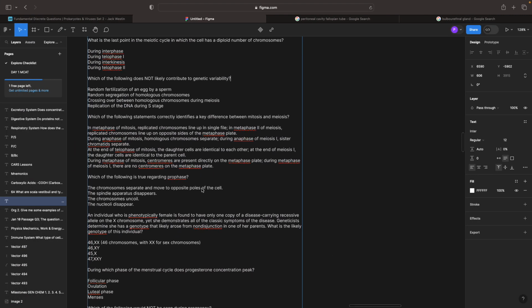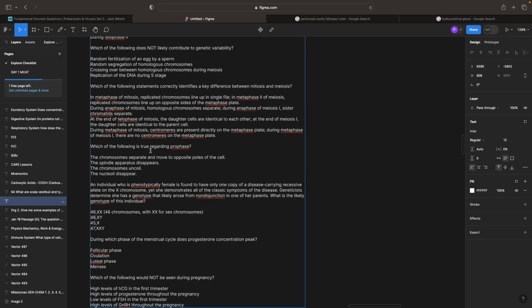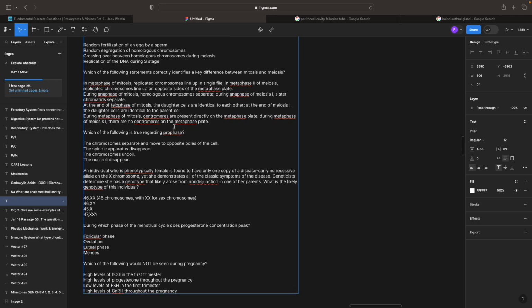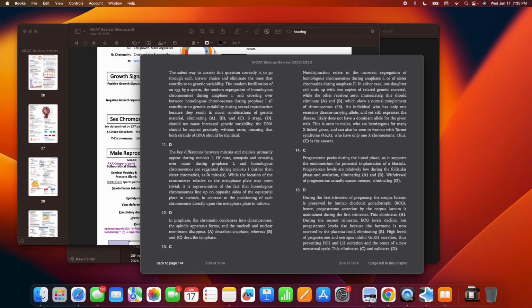11, we answered correctly. Which of the following statements correctly identifies the key difference between mitosis and meiosis? During metaphase of mitosis, centromeres are present directly on the metaphase plate. During metaphase, there are no centromeres on the metaphase. The key difference between mitosis and meiosis is primarily during meiosis 1.